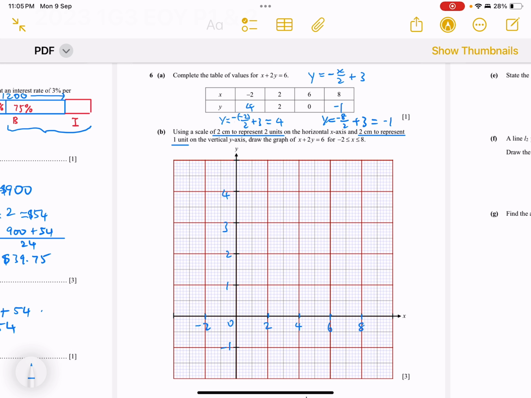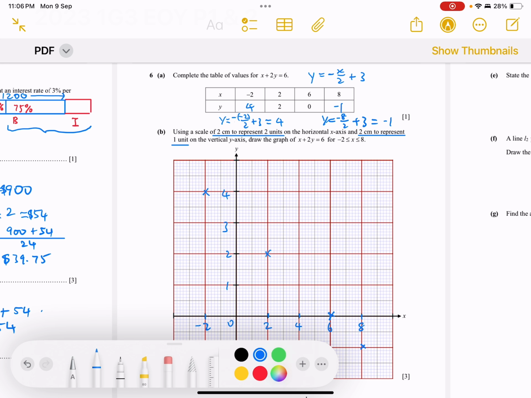Alright, now we are ready to plot. The first one is -2 and 4. Then we have 2, 2, and 6, 0, and 8, -1. Right? It should form a straight line, because the equation is a straight line equation.